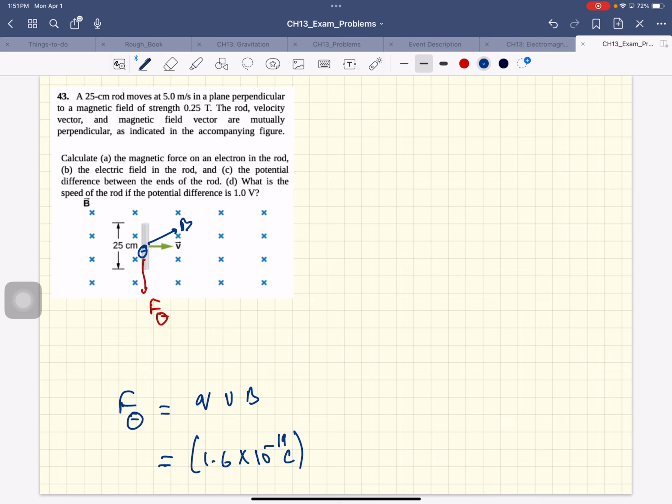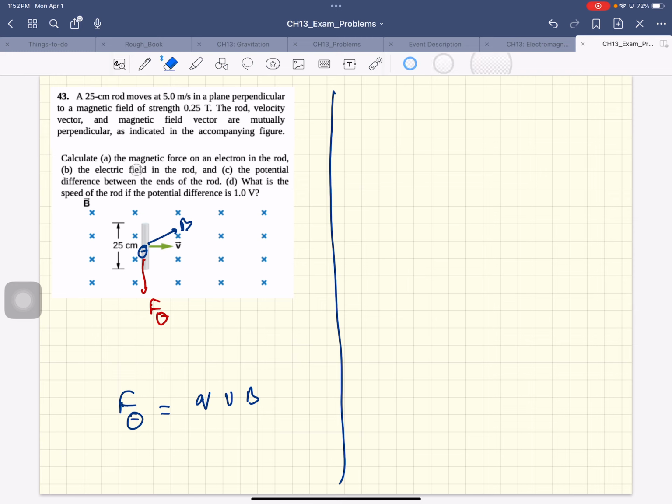What is the velocity? Oh, they don't give you the velocity. So they just want you to calculate the magnetic force on an electron in the rod. Oh, 5 meters per second.